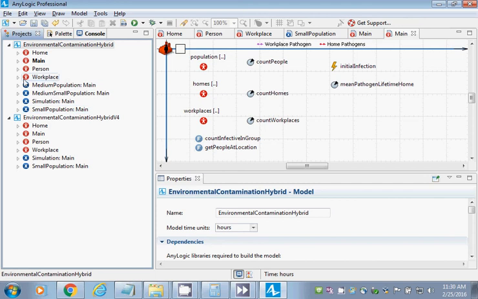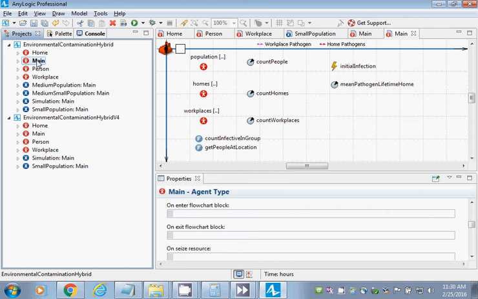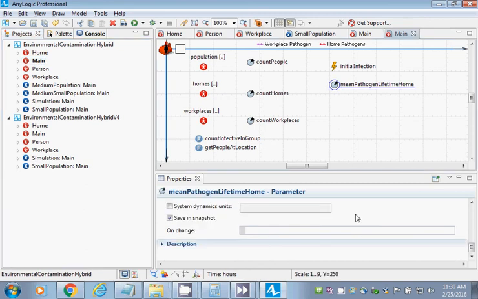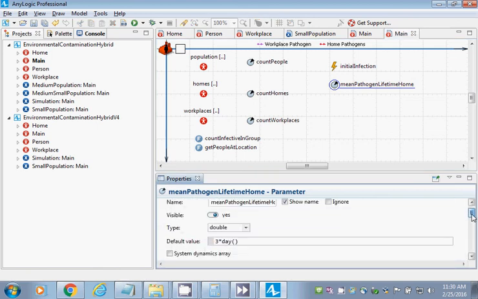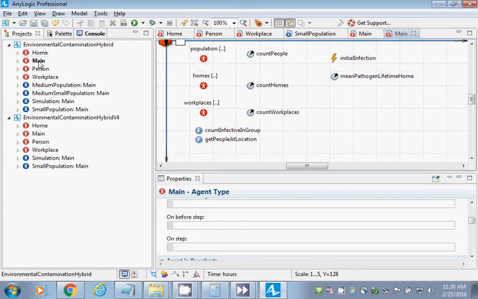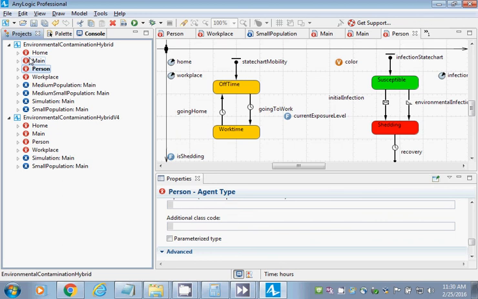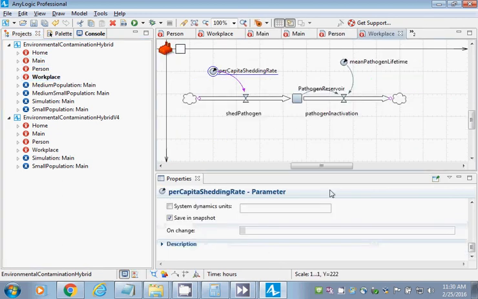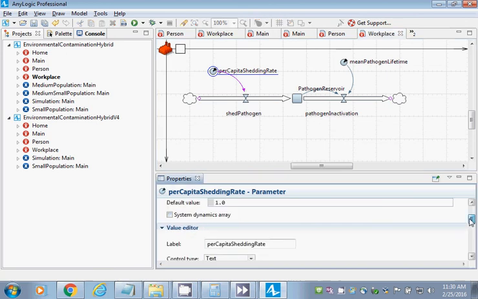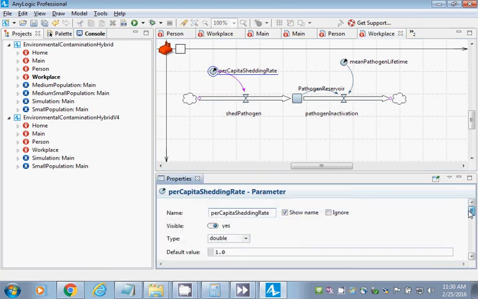So ladies and gentlemen, the per capita shedding rate that we want is going to be 1.0. It's in main. Should be a rate. Thank you. A rate per hour.